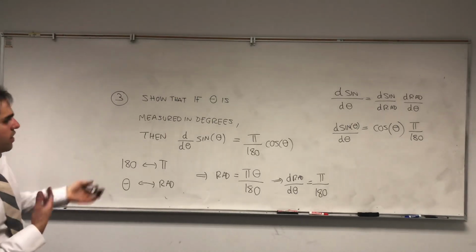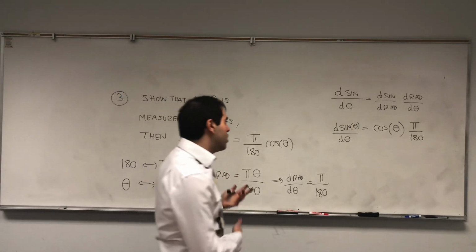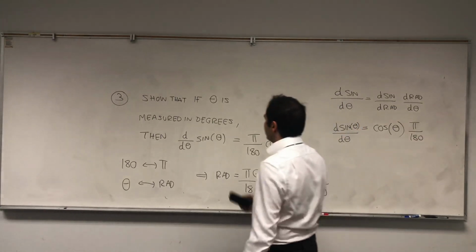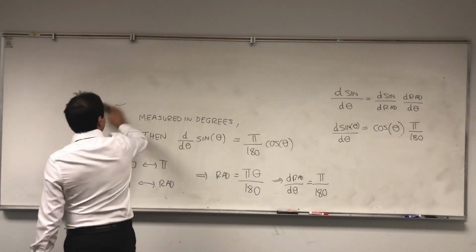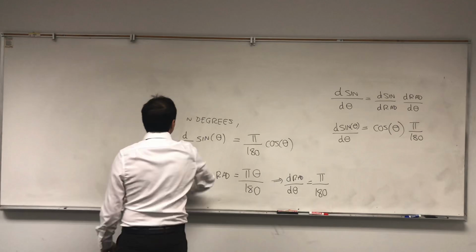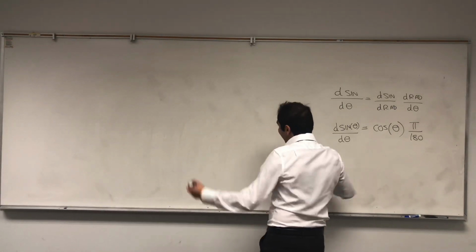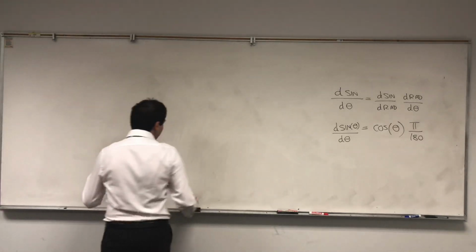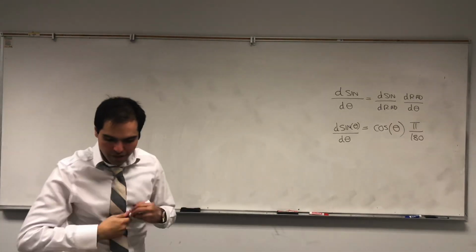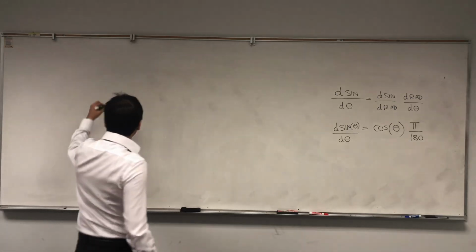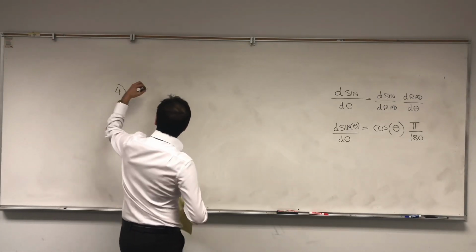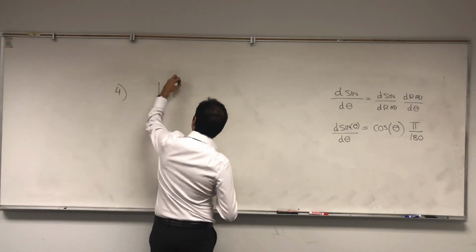So again, I think it's a good problem in understanding the relationship between the same variable measured in two different units. Here sine is measured with radians and degrees, and we have a formula here. All right, next one. How about the derivative of absolute value of x?